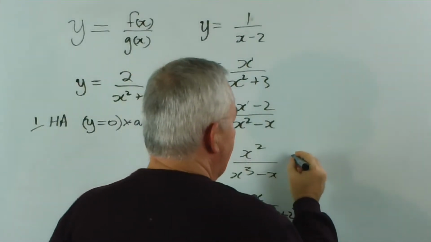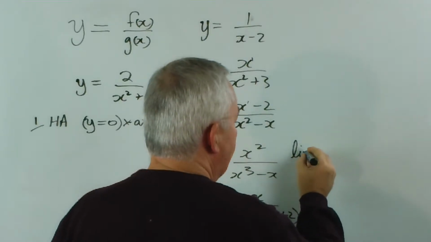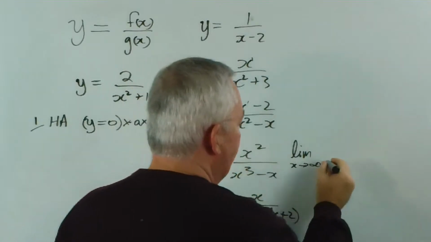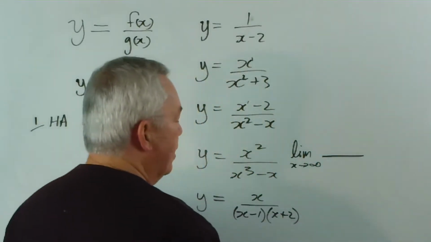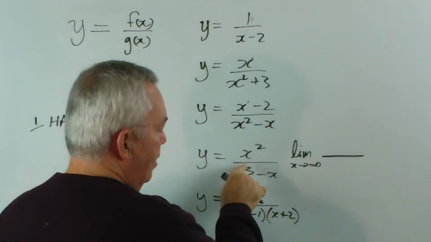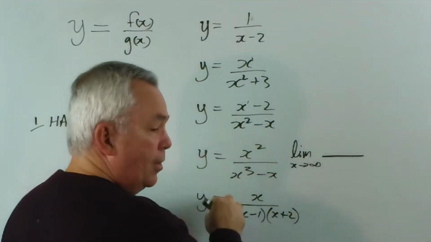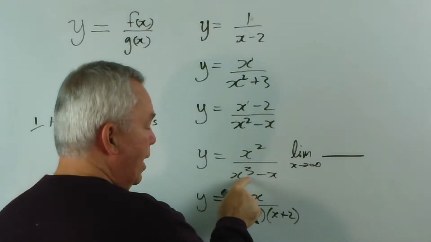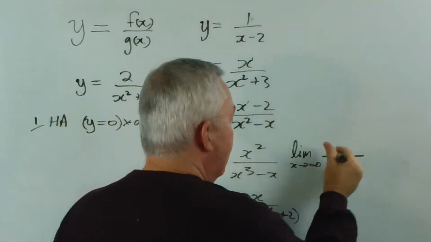What we would do is we'd say the limit as x goes to infinity of this expression is something or other. Now, because I don't have room, I'm going to perform the first step here. I would look for the biggest power of x, which was x cubed, and divide everything by it.